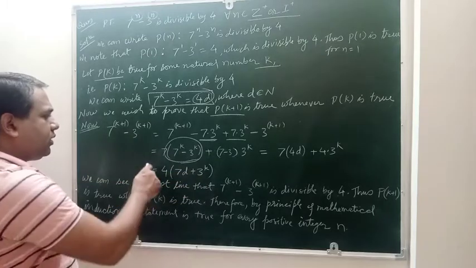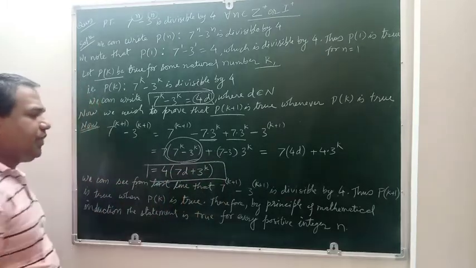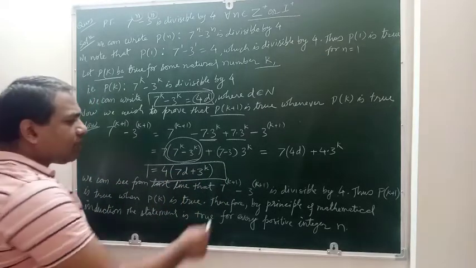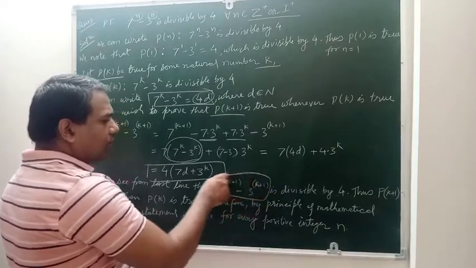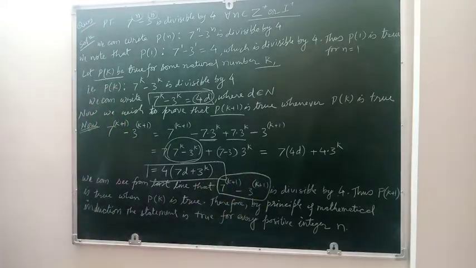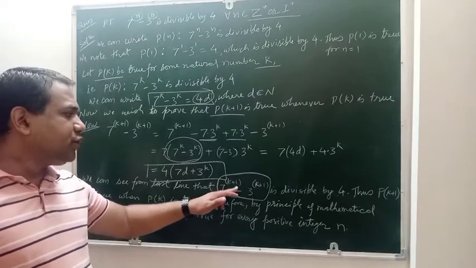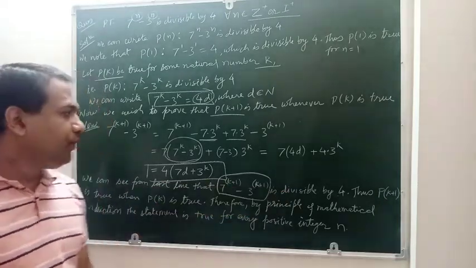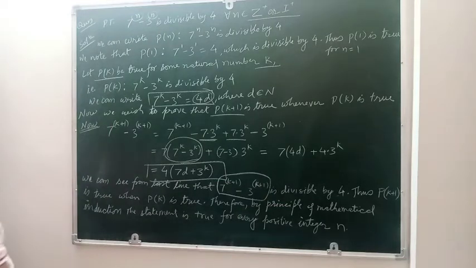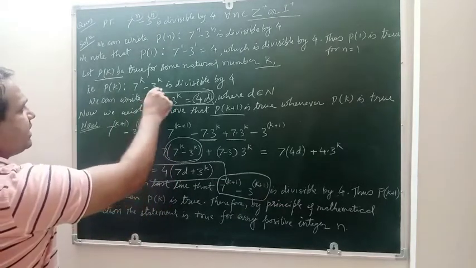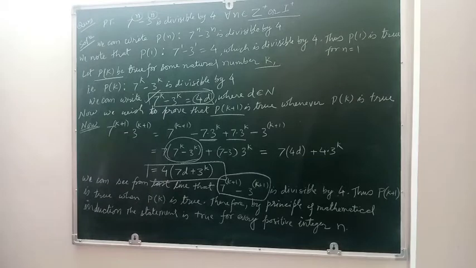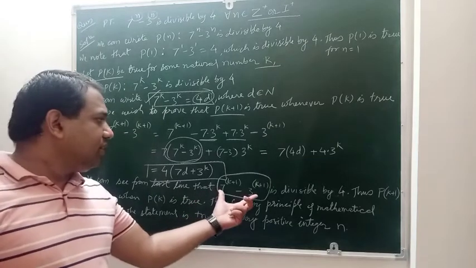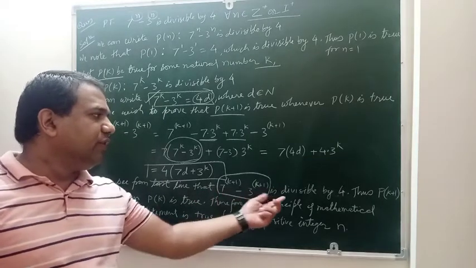Now looking into the last line, we can say that whatever we have considered, that is 7 power k plus 1 minus 3 power k plus 1, is divisible by 4. If we consider that this is divisible by 4, then these two terms are also divisible by 4.